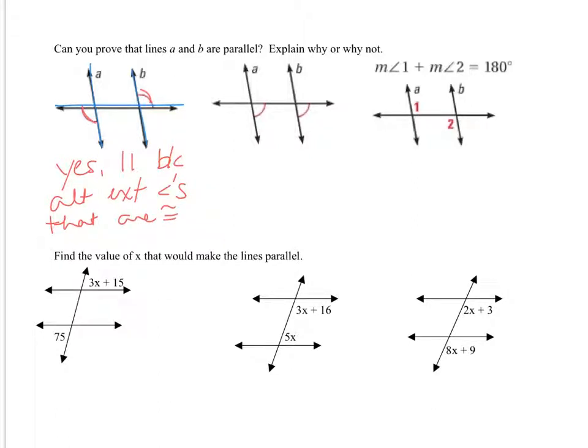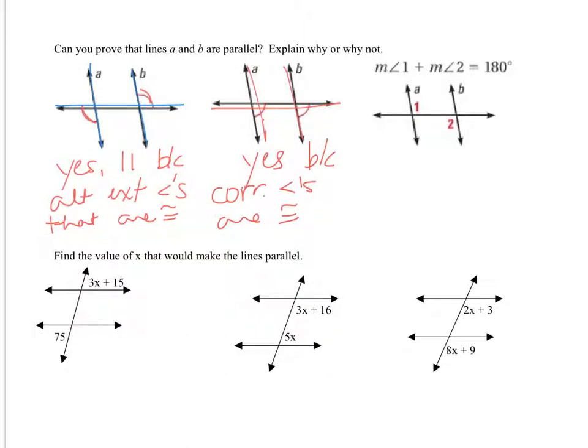Looking at example B, we have parallel lines cut by transversal, and these 2 angles that are marked congruent are called corresponding angles. And they are congruent, so that means yes, because corresponding angles are congruent.